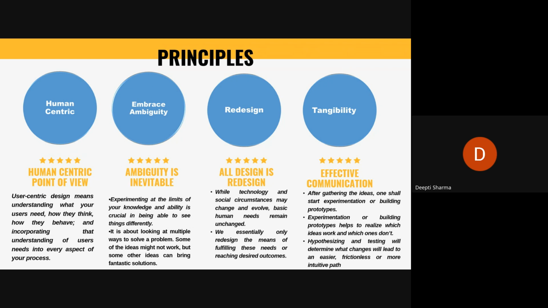It is about looking at multiple ways to solve a problem. Some of the ideas might not work, but some other ideas can bring fantastic solutions. So, considering everyone's perspective and even considering the other way around to solve a particular problem is embracing the ambiguity.